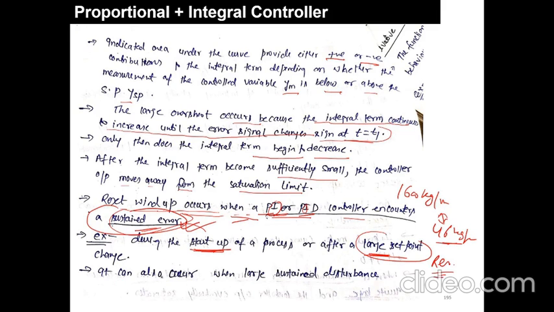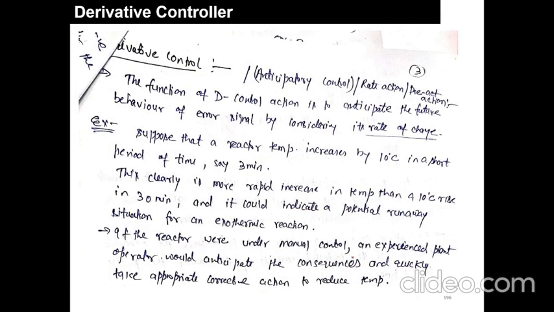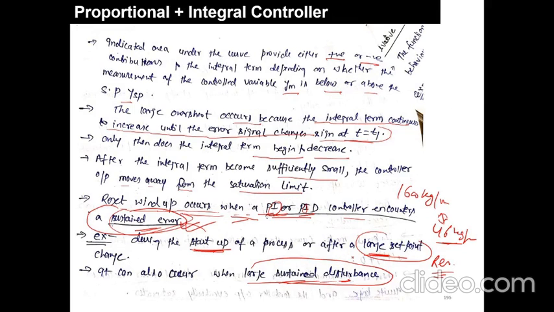So it can also occur with a large sustained disturbance. That is the same, sustained disturbance or sustained error. Most of the time both are the same. Now, how will the anti windup or reset windup be removed?